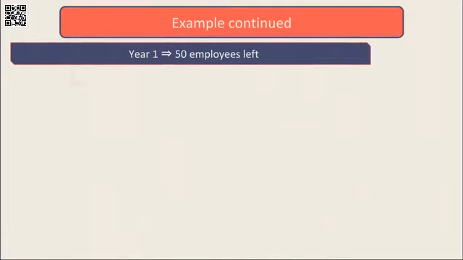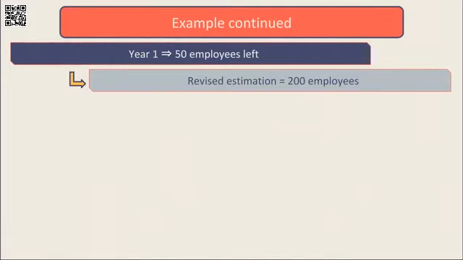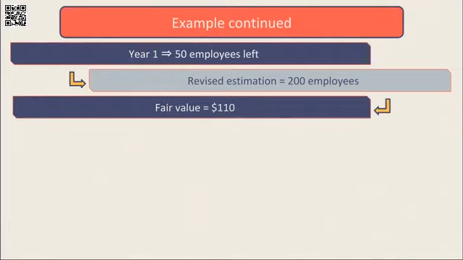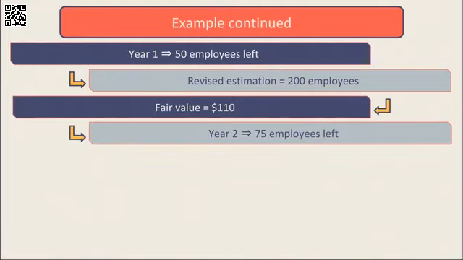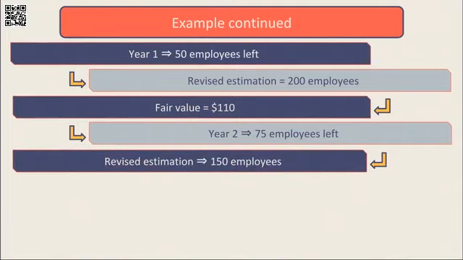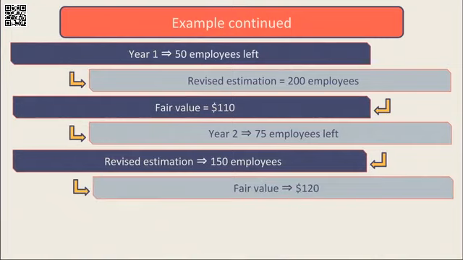In year 1, 50 employees leave, and management revised their original estimation to 200 employees will leave in the 3 years. The fair value is now $110. In year 2, 75 employees leave, and management revised their estimation to 150 employees will leave in the 3 years. The fair value is now $120.